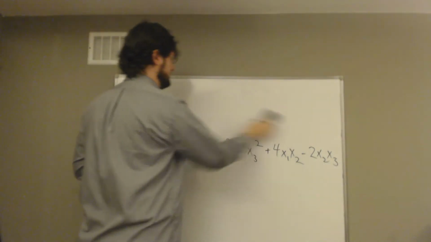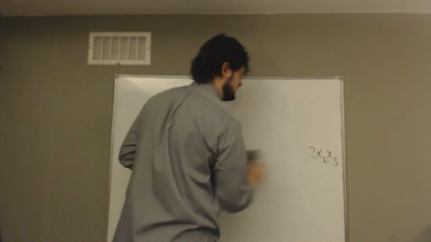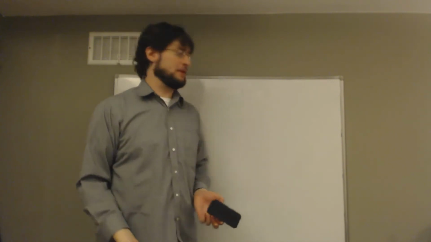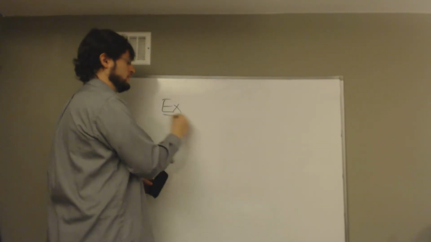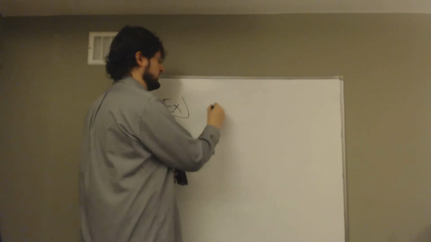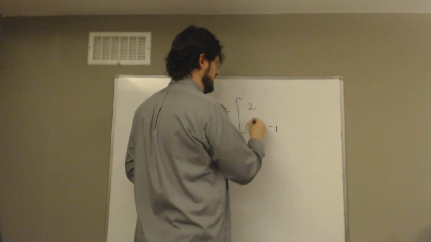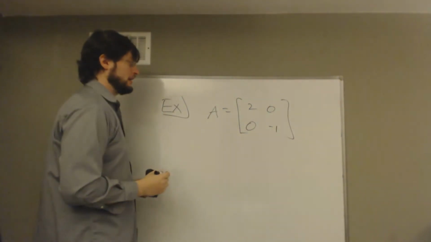Good. Now, if the matrix A was a diagonal matrix, our life is a lot easier. Suppose that I had the matrix 2, negative 1, 0, 0. It's a diagonal matrix.